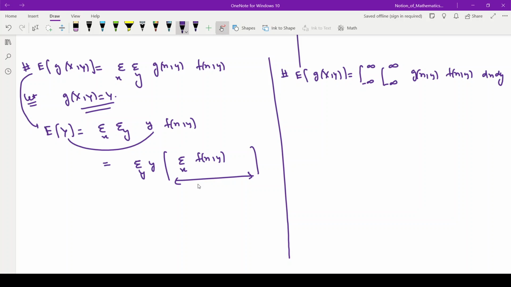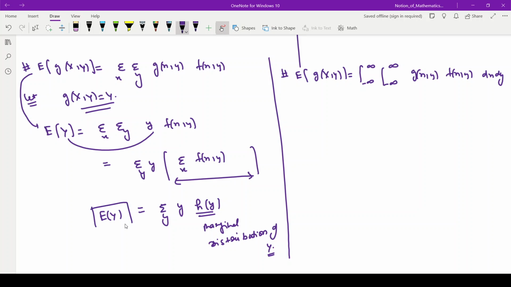So it is actually summation over y of y into h(y), where this h(y) is known as the marginal distribution of Y. So this is all about expectation of Y here.